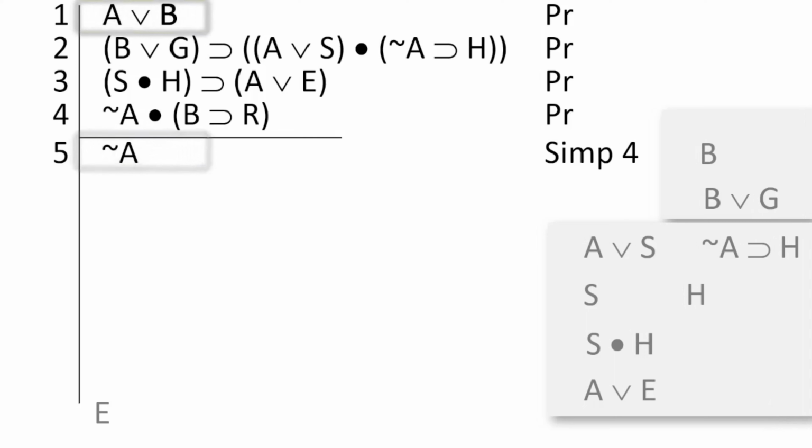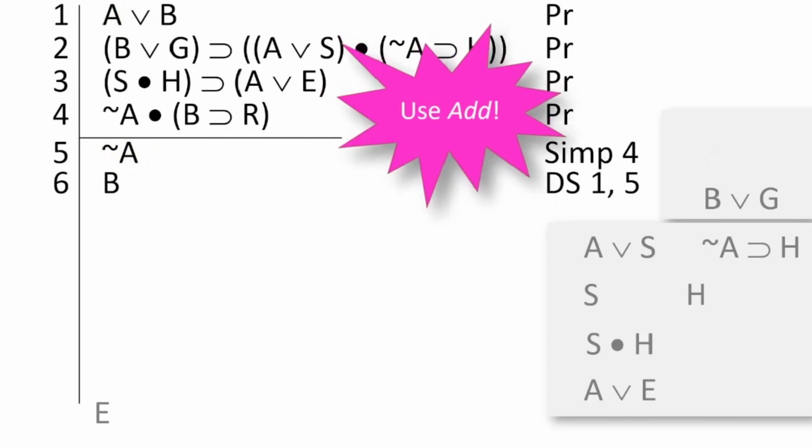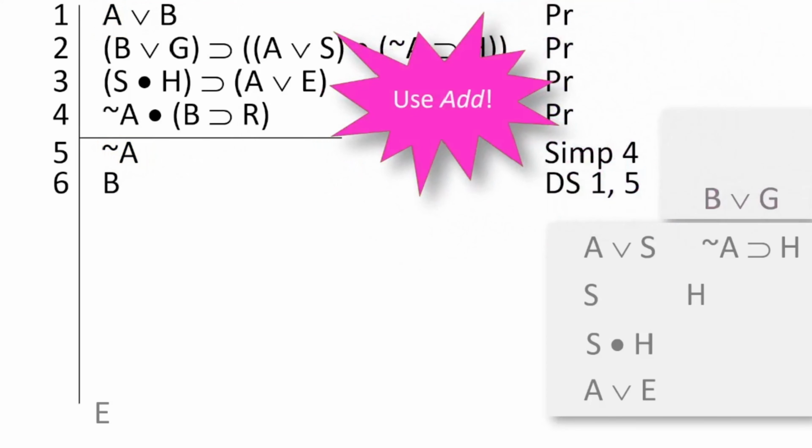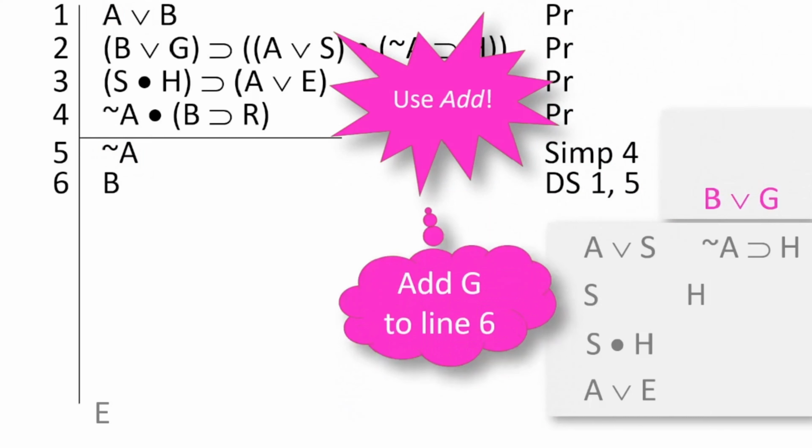We first begin by getting our first subconclusion B from line 1 and 5 by disjunctive syllogism. We have our first subgoal. We wanted B because we wanted to get the disjunction B or G, which we now can obtain by addition. We know what we have.